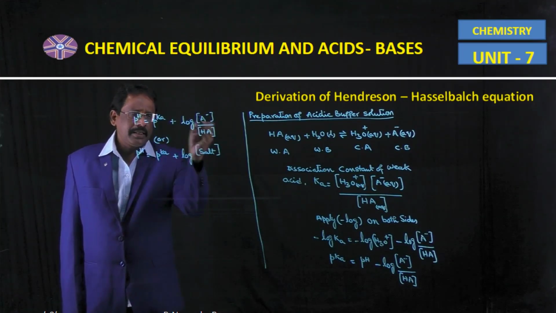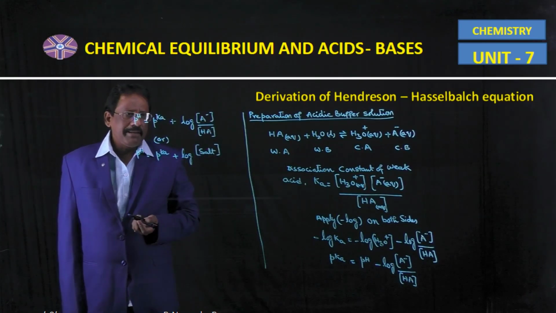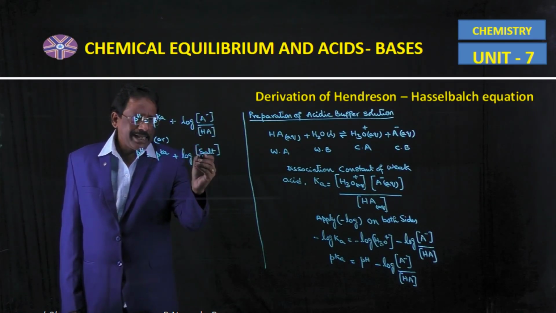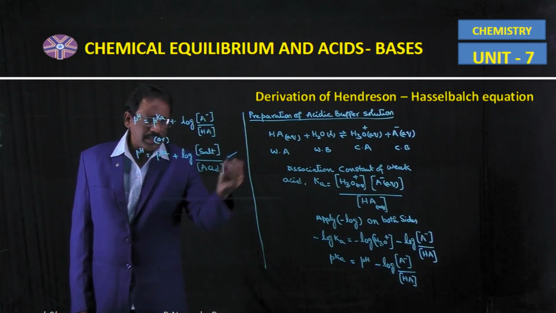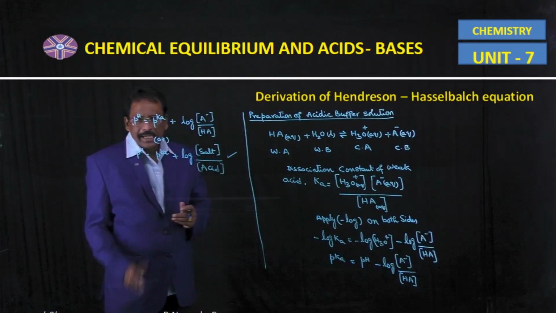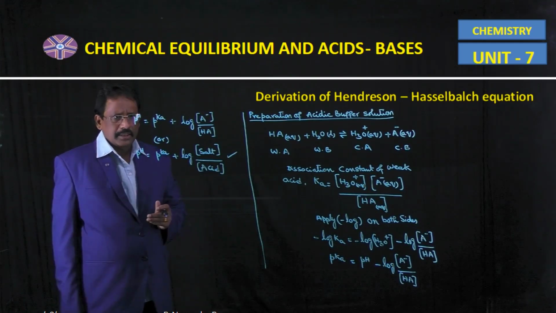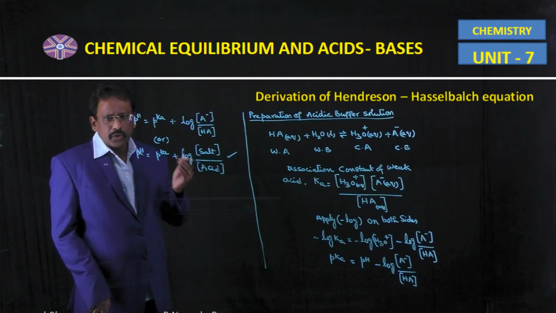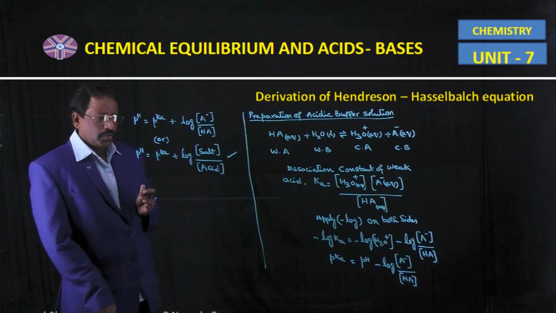That's why it is the active mass of the salt divided by the active mass of the weak acid. This equation is known as the Henderson-Hasselbalch equation, and it is used to calculate the pH of the acidic buffer solution.